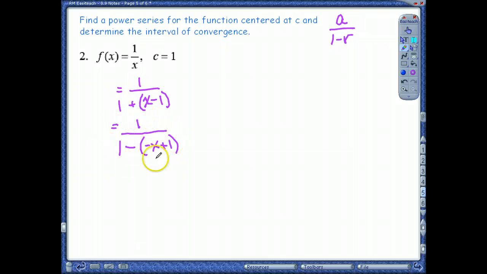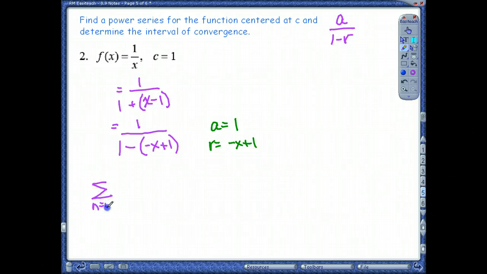I finally have it in that form. I've got my 1, I've got my minus, everything's looking good. I'm going to put my a down. A is going to be played by 1. R is going to be played by negative x plus 1, or if you'd rather, 1 minus x, potato, potahto, whatever.